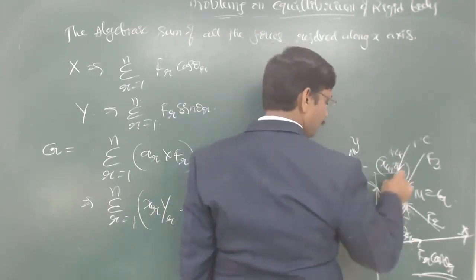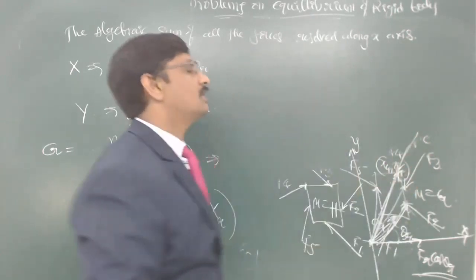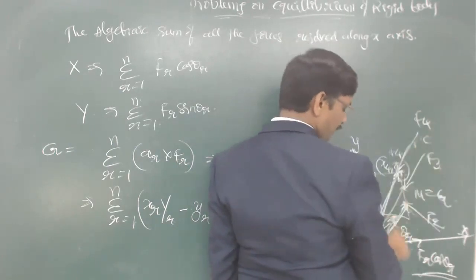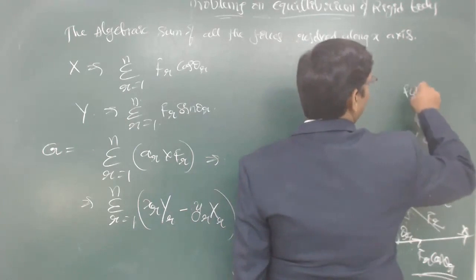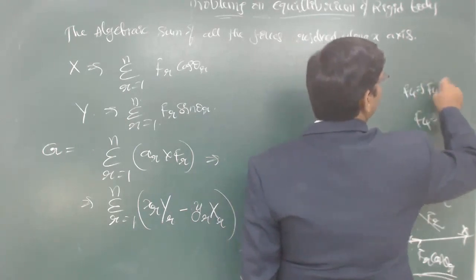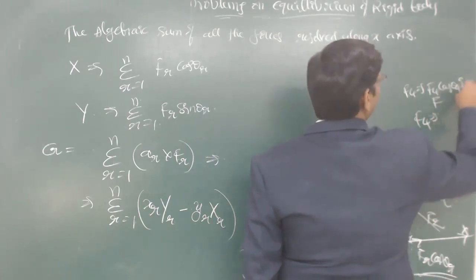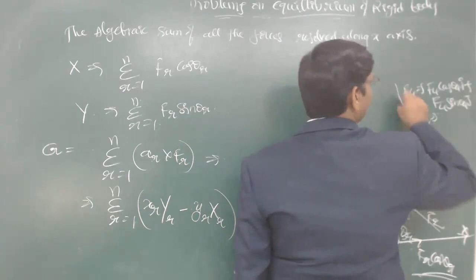So this vector is the position vector, and the force that is acting on this particular point is nothing but Fr, or F4. This F4 is making an angle of theta 4. So obviously this can be written as F4 equal to F4 cos theta 4 I plus F4 sin theta 4 J. So this is the force component.